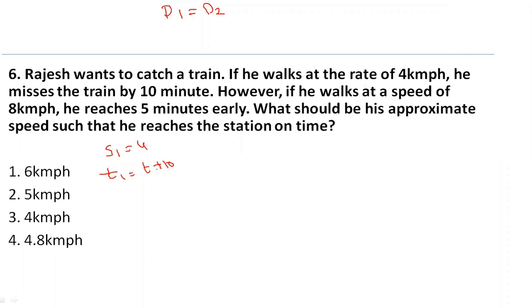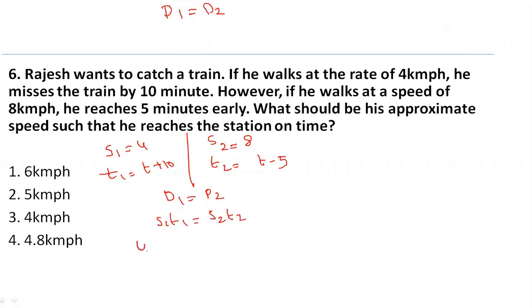If he was late only, he'll miss the train. So case 1, these are the values. S2 is equal to 8 kilometers per hour and T2 is equal to T minus 5, as he was 5 minutes early. So apply the same logic, D1 equal to D2, S1 T1 is equal to S2 T2.